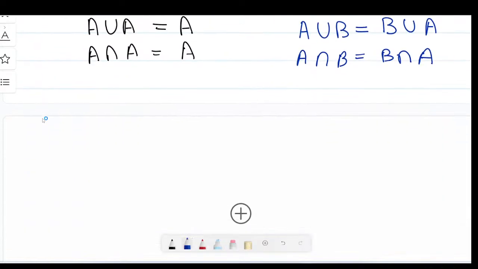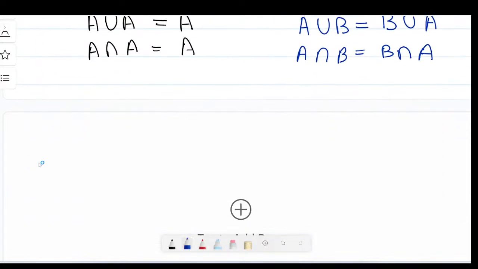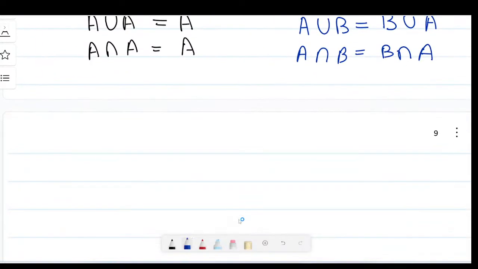Next is the associative law. That means just exchange of brackets. Let me write it here. Associative law.